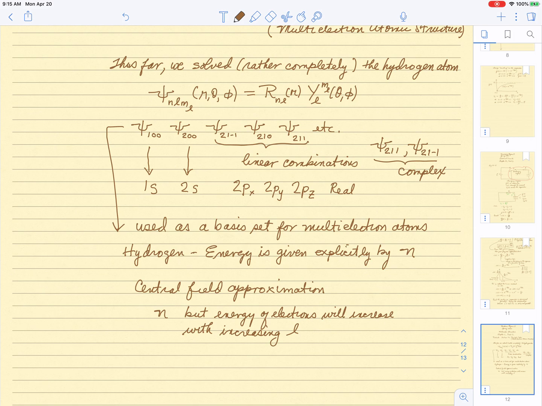All right, so the combination of n and L we're going to call the electron configuration.